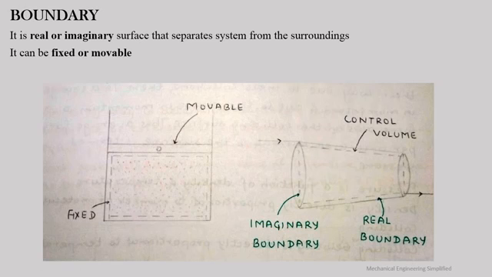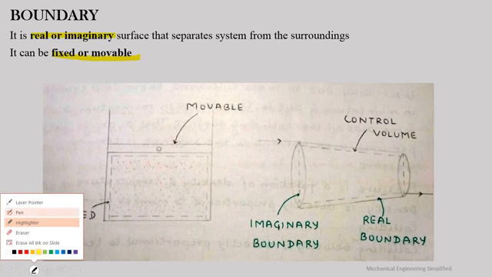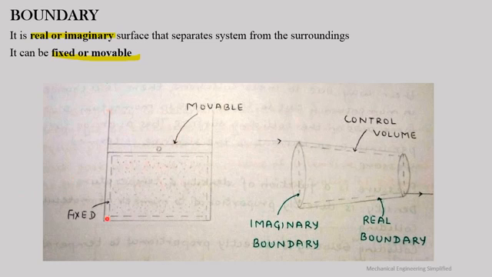Then we have boundary. We have system and the surrounding, and the part or the surface which separates them is known as boundary. It can be real or imaginary, and it can also be fixed or movable. Let us see how. This is a piston cylinder arrangement. This is a cylinder which is fixed and this is a piston which is movable.